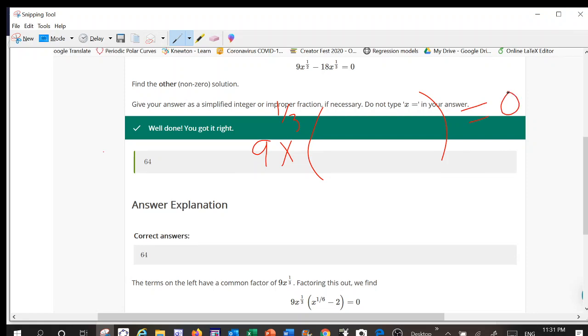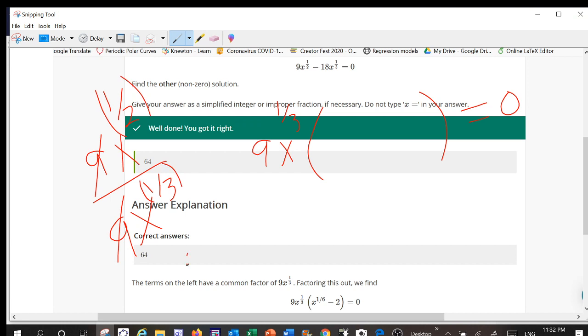Now, what is 9x to the 1/2 divided by 9x to the 1/3? Well, the 9 goes away, and this would be x to the 1/2 minus 1/3. But we have to make the denominators the same.